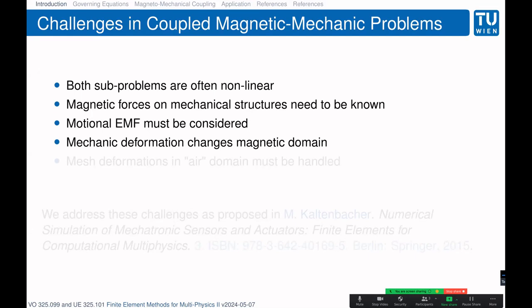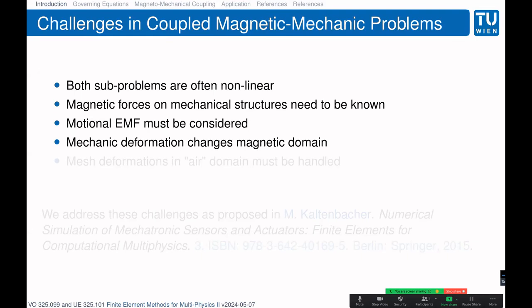The other challenge is that the mechanics, of course, changes the configuration of the magnetic domain, so you have to, in some way, update the geometry. In particular, the air domain, which typically doesn't have any mechanical degrees of freedom. So if everything is mechanics and has displacement degrees of freedom, you can just use the displacement field to update the geometry.